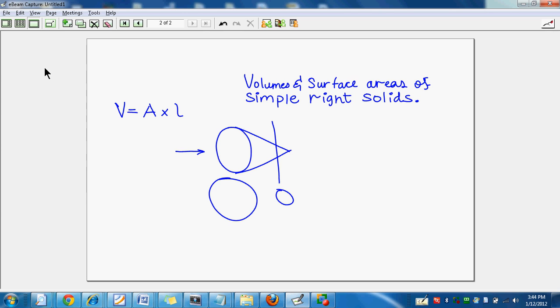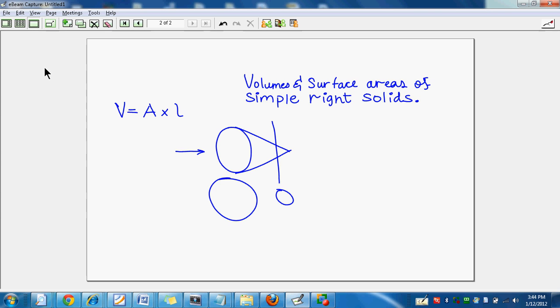Okay? And the reason that there's a difference in the size of the two circles is because the cross section is not regular. The cross section changes as you move along the length of the solid. Okay? So this is an example of a solid that does not have a regular cross section.